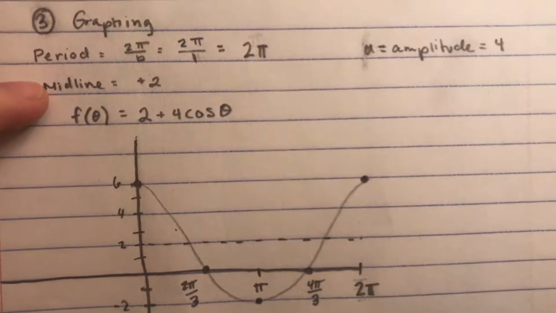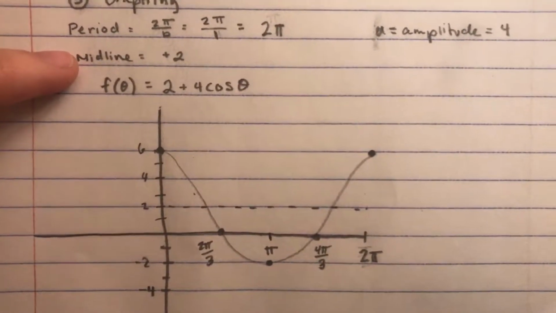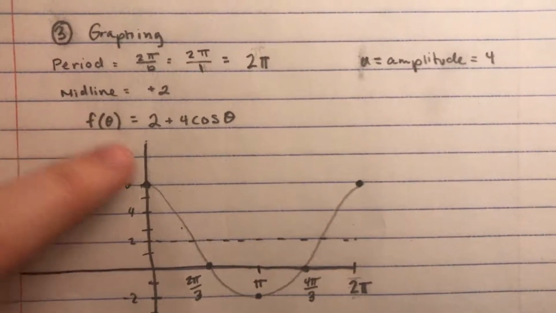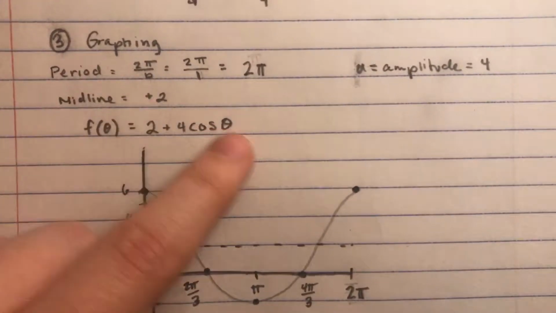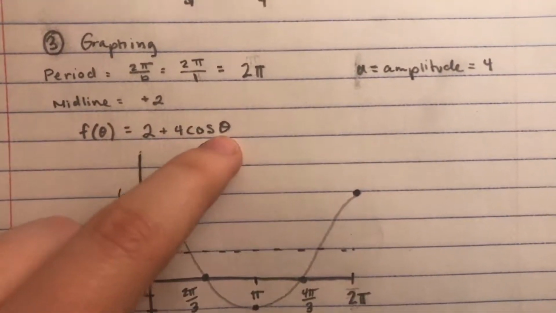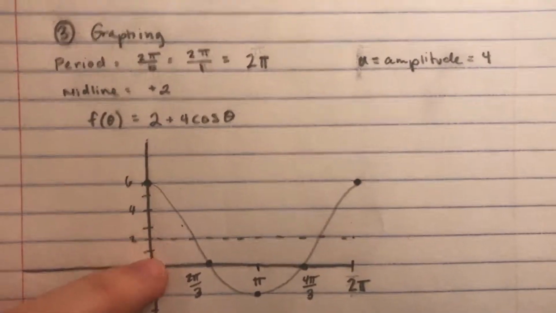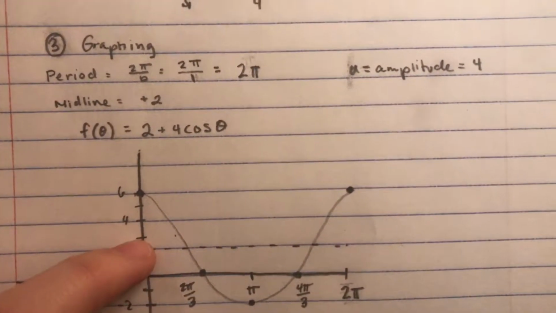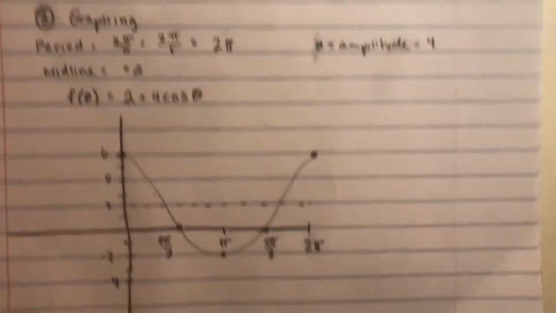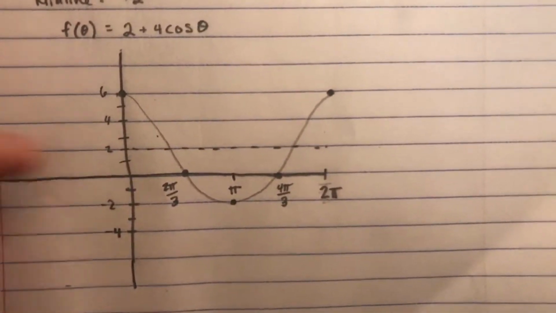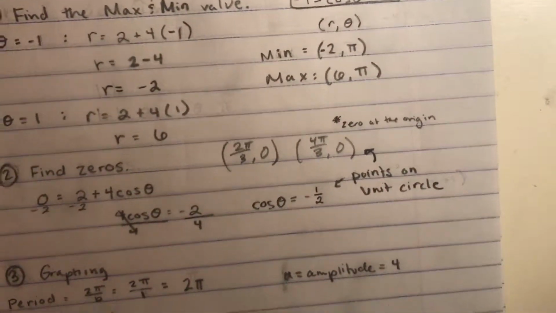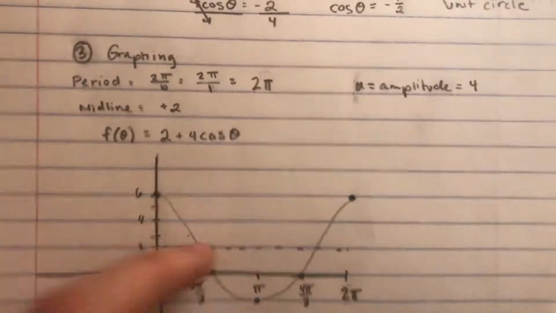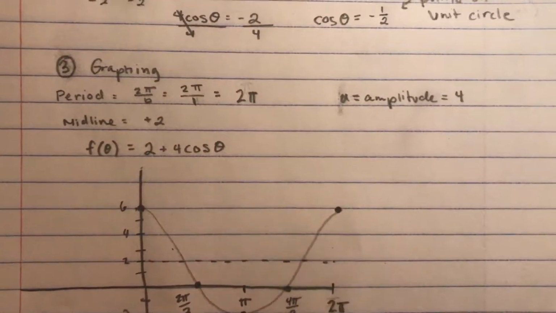And we are also going to have a midline at +2 because we have a 2 here that's added to our whole function, which shifts the graph up then by 2 units. So as we can see, our max and our min corresponds. We have -2 and 6 there.